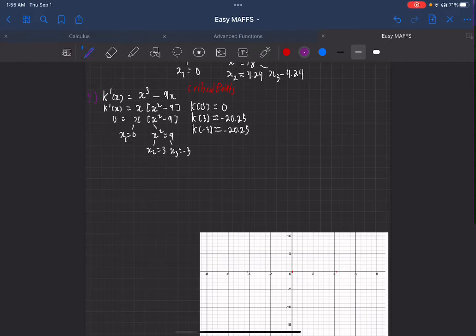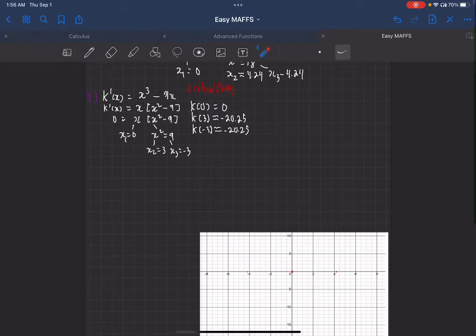What does that look like? It's where the function switches in concavity.